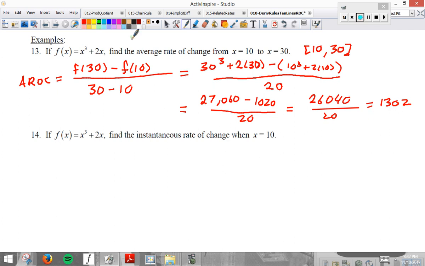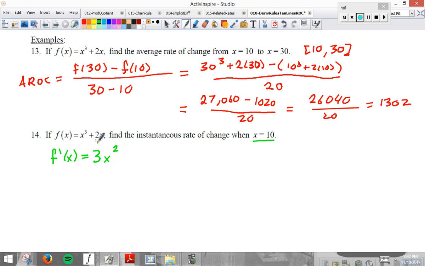Whereas the instantaneous rate of change for the same function, now just at a single point. Notice that that's a single point. It's not a range of points. The IROC will involve us taking the derivative. 3 comes down, 3x squared.